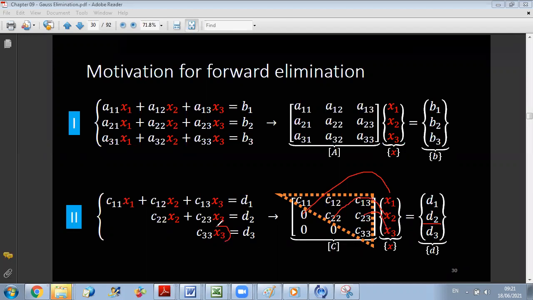Since you have already calculated x3 from the previous step, when you substitute x3 in the second equation, you get x2. Once I get x2, I know the values of x2 and x3, so by substitution I get x1. So I work in a backward way. This is called backward substitution.